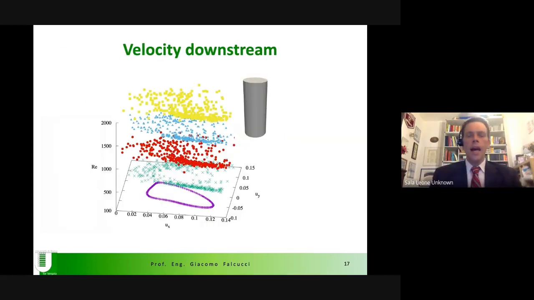We evaluated the velocity components downstream of the object. We placed a probe downstream, slightly off the symmetry axis by a radial distance, along the flow direction. With the pristine, pure, periodic cylinder, the colors stand for the different Reynolds numbers.